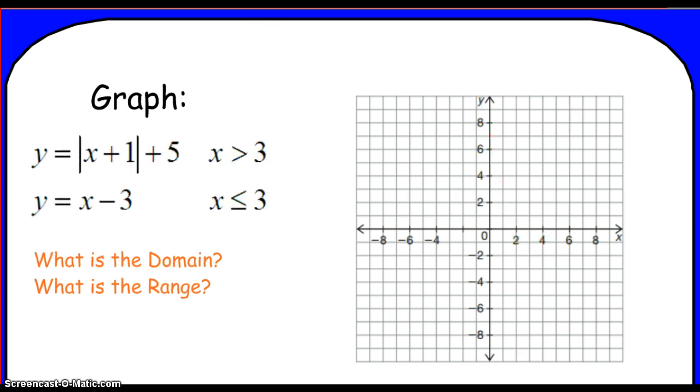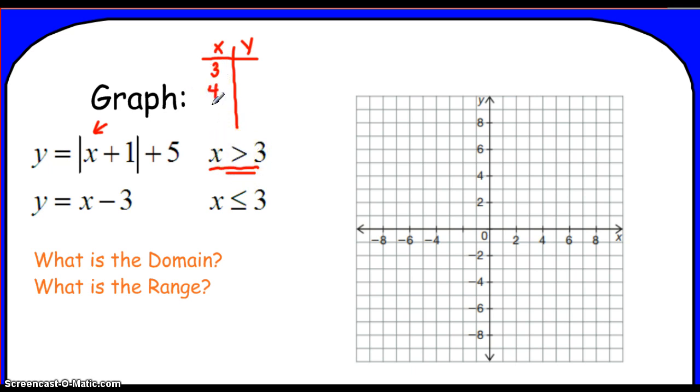So now what we're going to do is put it together. When we put piecewise functions together, we really want to look at that domain, because that domain is going to tell us what values we should plug in for x. So in this first piece, I have my x and my y for my t-chart. It says plug in 3, and then plug in values that are larger than 3.